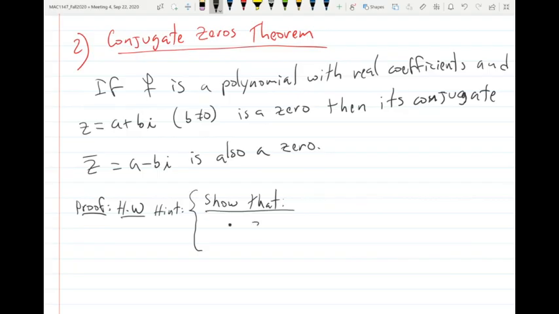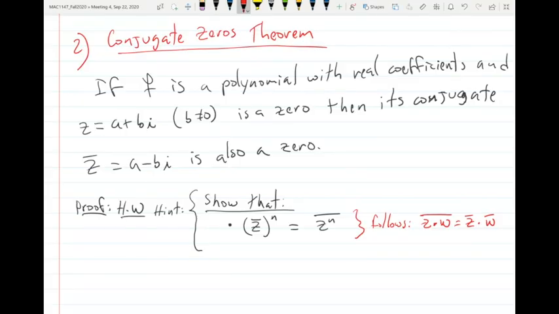First, show that if you have a complex number, you look at its conjugate, and then you raise it to the n power, these 2 operations commute. In other words, you first take the n power of the complex number, and then you take its conjugate. And to give you a clearer hint, this follows from the simple property that if you look at a product of 2 complex numbers and then take the conjugate, this is the same thing as first taking the conjugates and then multiplying.